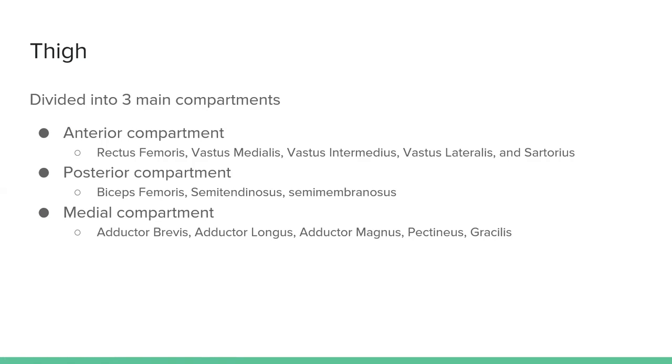And then the posterior compartment contains the biceps femoris, the semitendinosus, and the semimembranosus. And then in the medial compartment there is the adductor brevis, adductor longus, and adductor magnus, and then the pectineus and the gracilis.